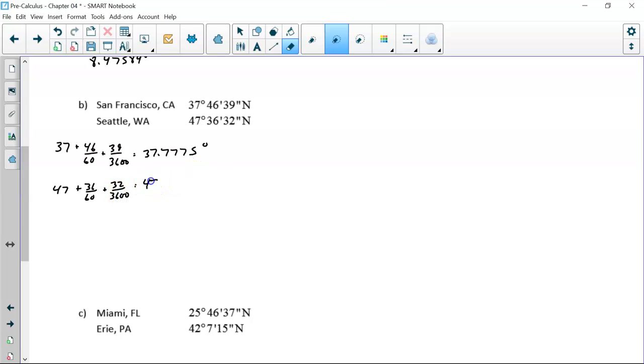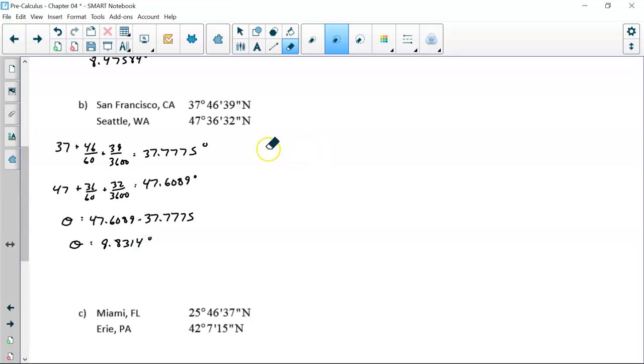That's going to be about 47.6089 degrees. Now we want to find the difference. And the difference is theta. So theta is 47.6089 minus 37.7775. So theta is going to be about 9.8314 degrees.